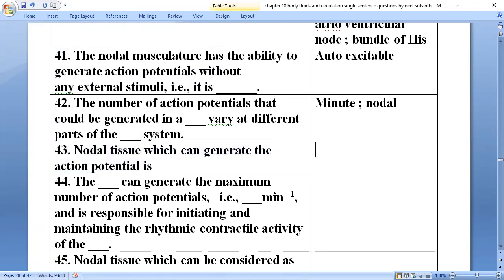The sinoatrial node can generate the maximum number of action potentials, about 70 to 75 per minute.